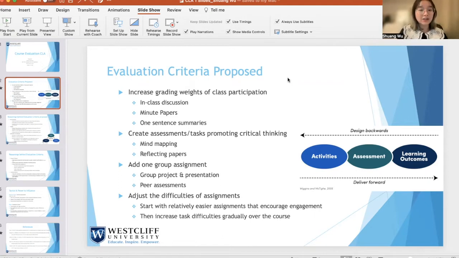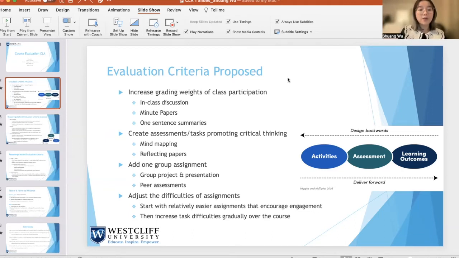Secondly, I suggest that we should create more assessments promoting critical thinking. Some examples include mind mapping and reflecting papers. Thirdly, I recommend that we should add one group assignment to the course design, which can be a group project with presentation and peer assessment among the group members.